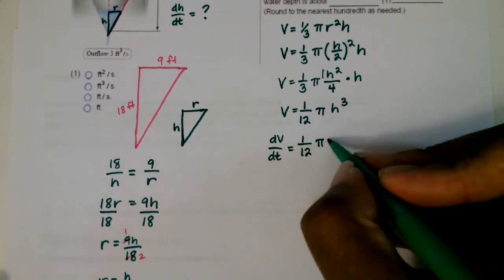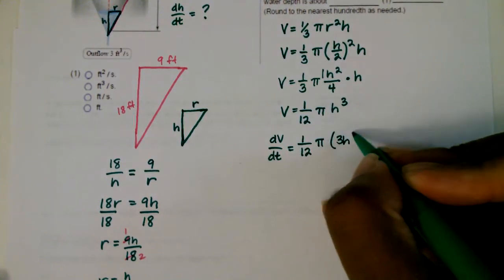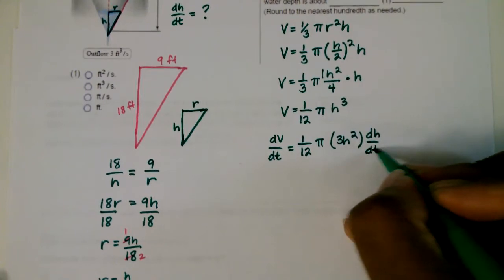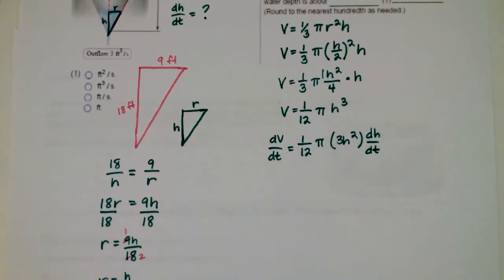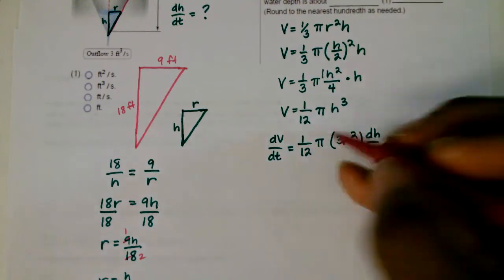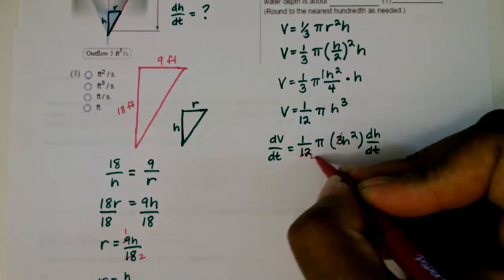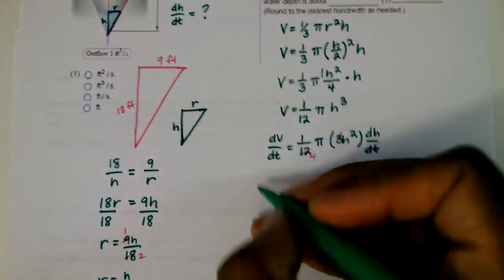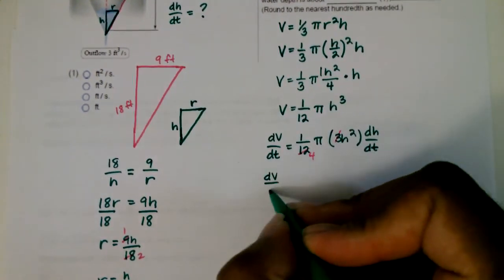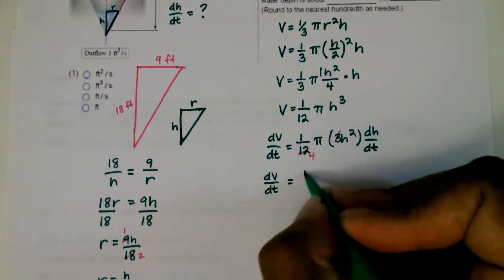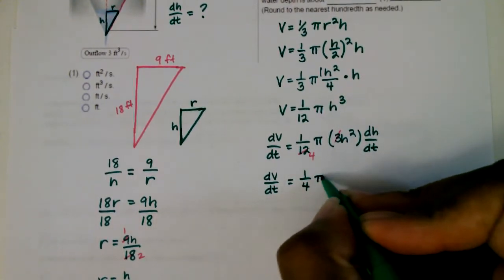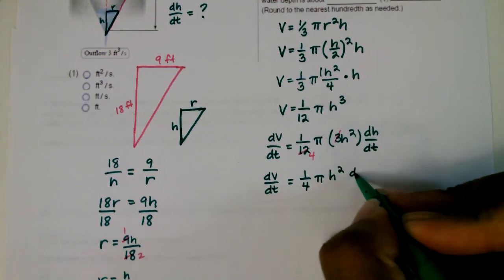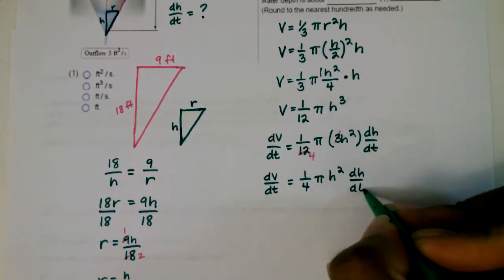The derivative of h cubed is 3h squared, multiplied by dh/dt. Now if I simplify this, the 3 goes into the 12 4 times. So dV/dt is equal to 1/4 pi times h squared times dh/dt.